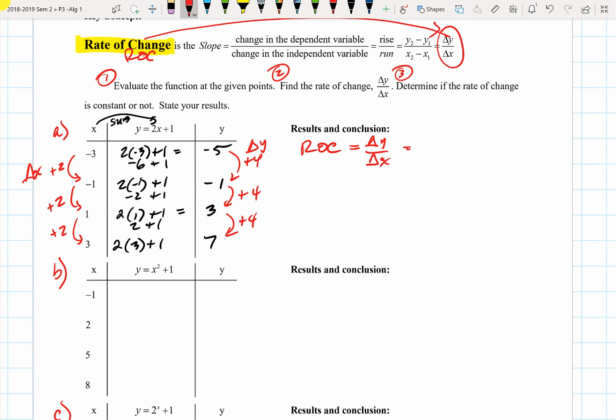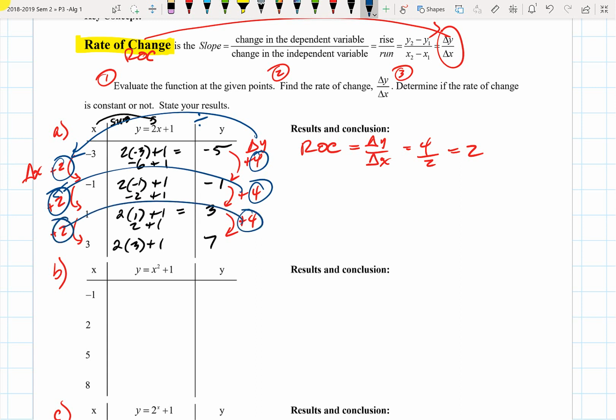And so that is equal to 4 divided by 2, which is 2. And it's constant for every set of ordered pairs. So looking at the first results here, I take delta y divided by delta x, 4 divided by 2.